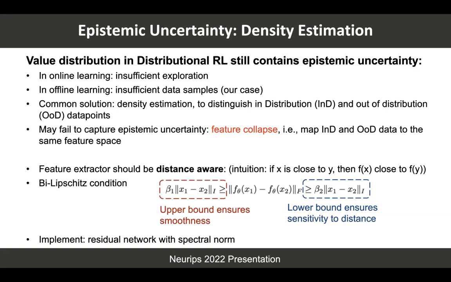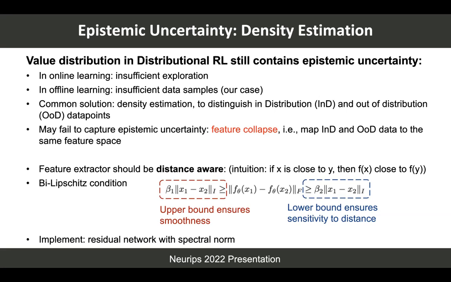Here we may set a bi-Lipschitz condition for this feature extractor. We set an upper bound and a lower bound for the norm of the function f. The upper bound ensures the smoothness of the feature extractor, and the lower bound ensures the sensitivity of the feature extractor to distance.